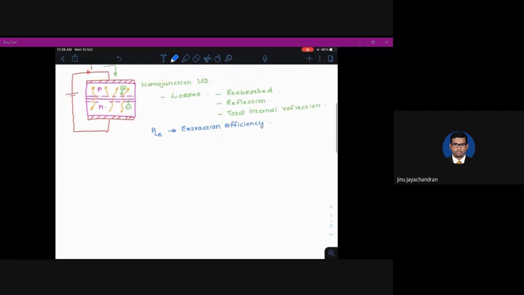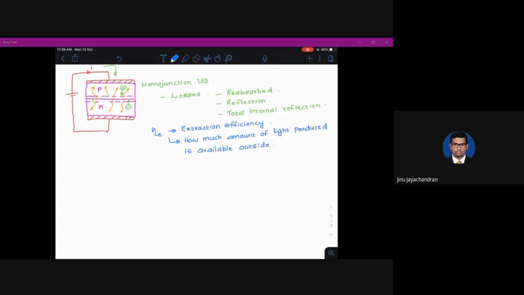Okay, which actually tells you how much amount of light or photon produced is available outside.